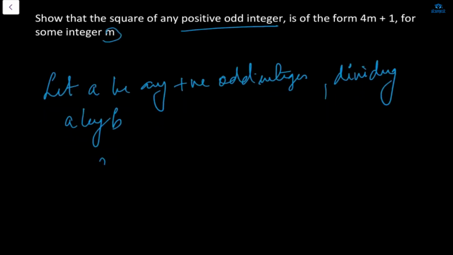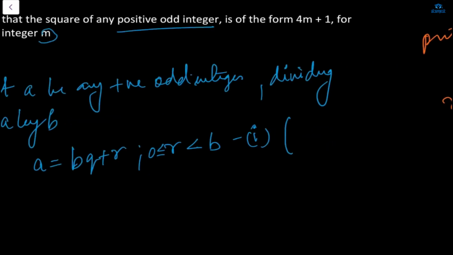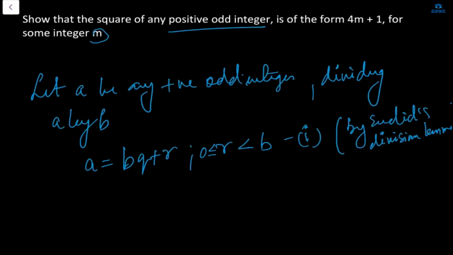From Euclid's division lemma, A is equal to BQ plus R, and R value will be greater than or equal to 0 and less than B. Okay, you take this as equation 4 and write by Euclid's division lemma.